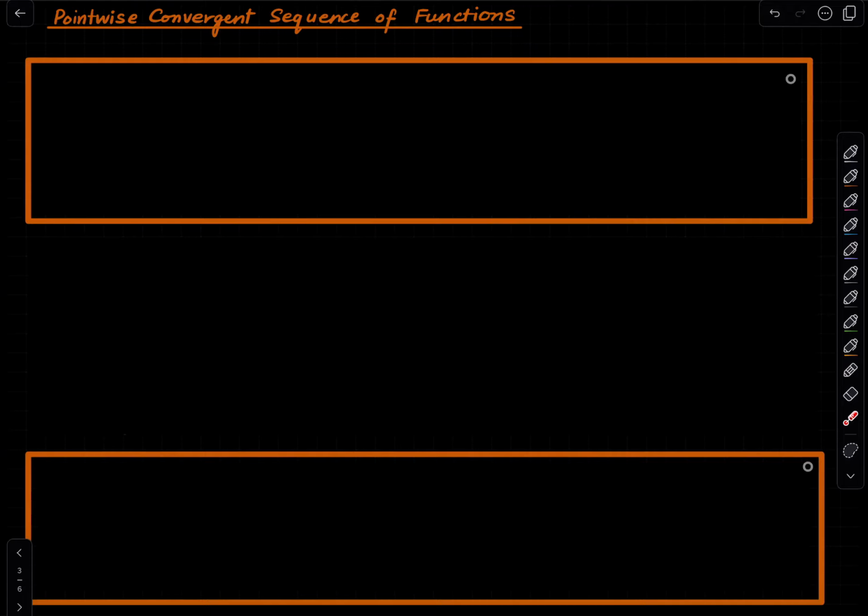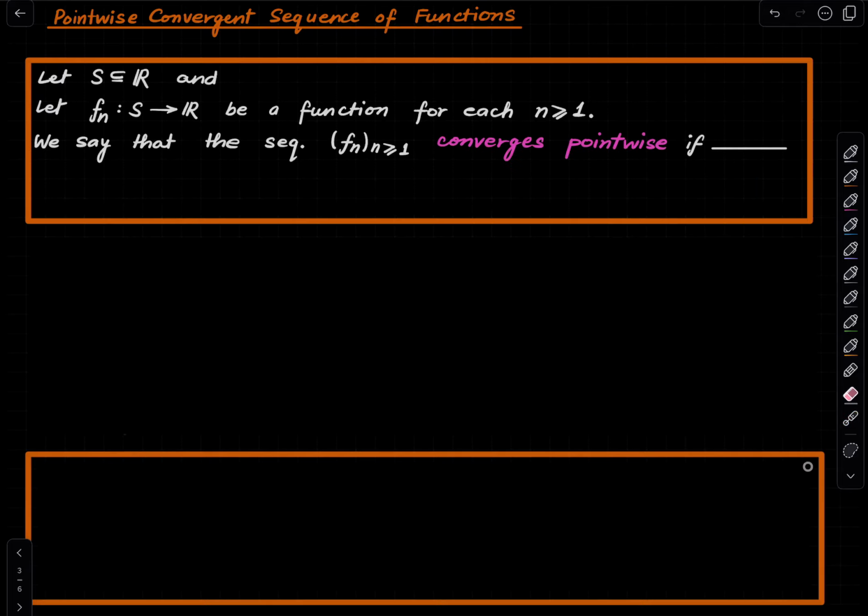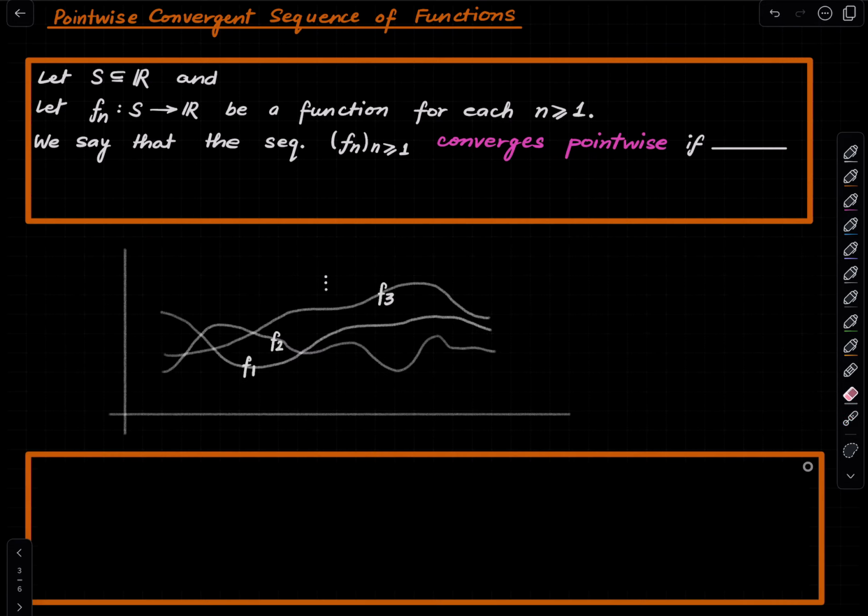Now for something interesting and important. Suppose we are given a sequence of functions. So we have a subset of reals. For each n, we have a function with us. So we get a sequence of functions on S. We say this sequence converges pointwise if, I'll write down the formal definition, but first let's look at the picture.